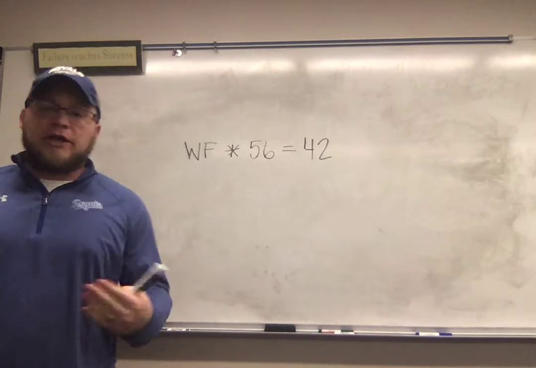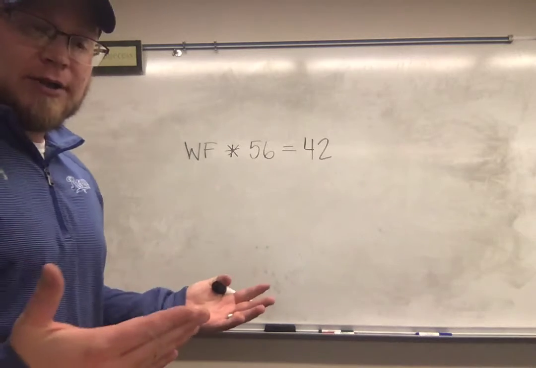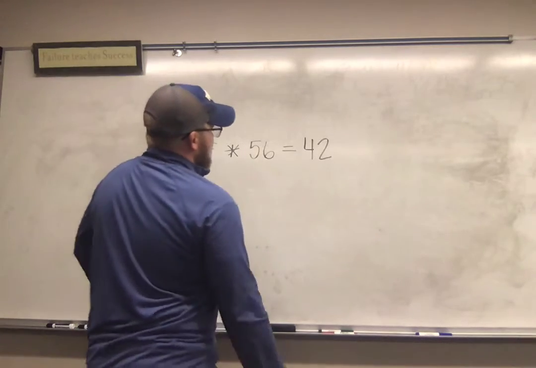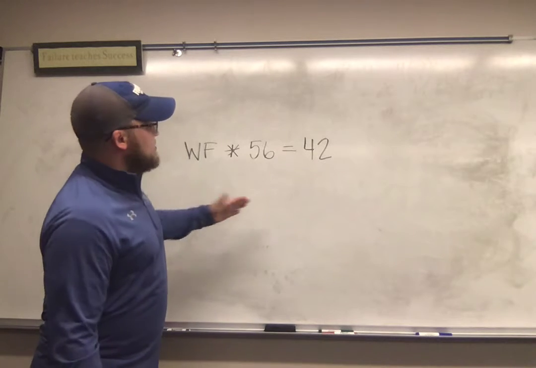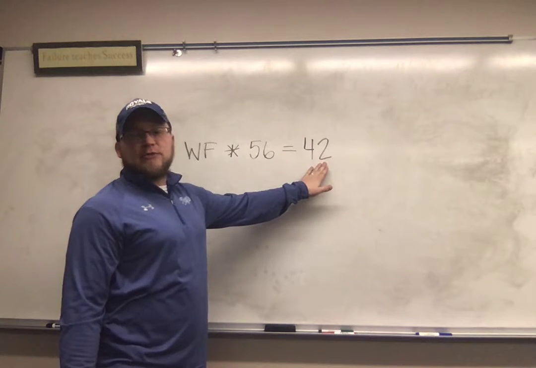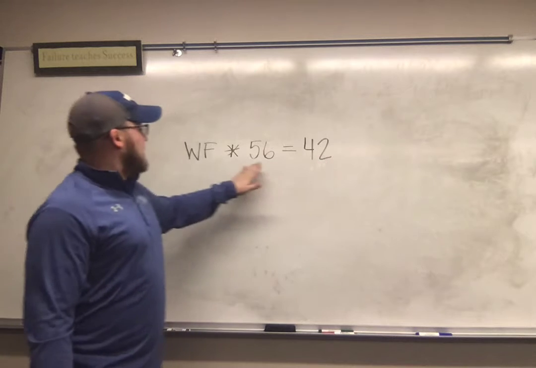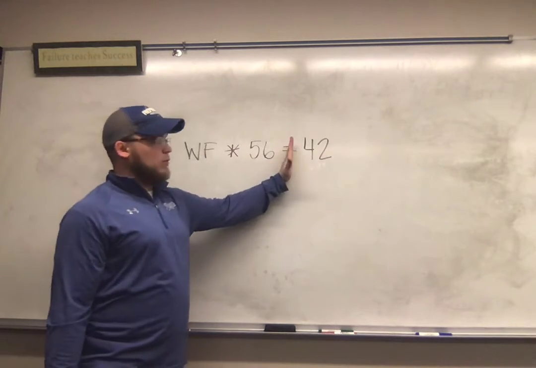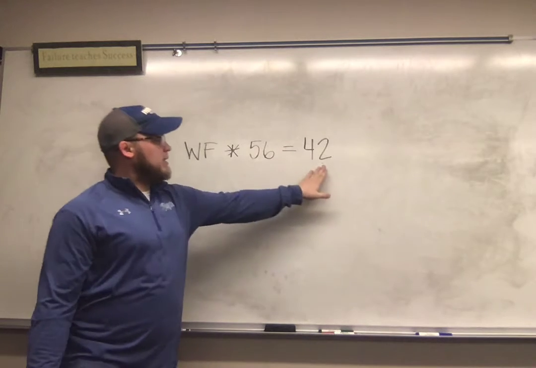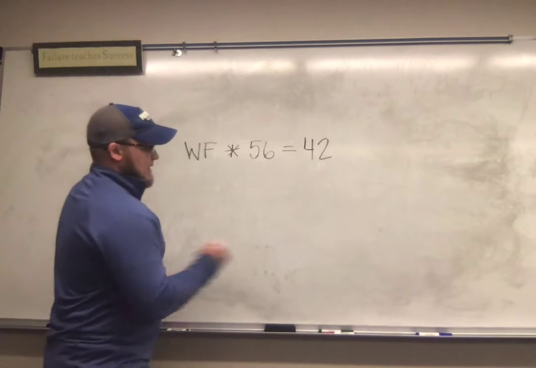We know we're looking for a fraction. It's asking us what fraction. Remember, when you answer these types of questions, you take the number by itself, in this case 42, because the other number is with the 56, on the left side of the equals. The number that's by itself, 42, is going to start it.